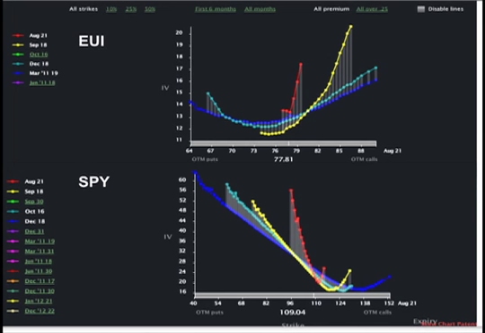Now August expiration is upon us, so the red one is August, so maybe don't look at that necessarily. But one of the first things that jumps out at us is that the skew is pretty heavy and steep on the call side in EUI, right?